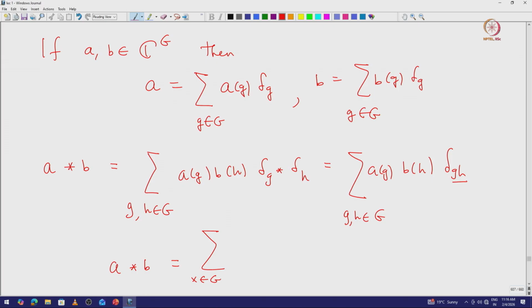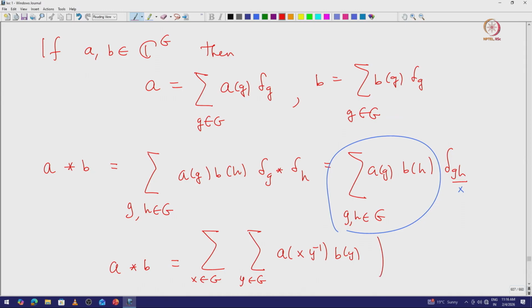Let us call this x. Then it is clear that this sum is going to be the summation over y in G of a of x y inverse b of y, and then you have this delta x here.